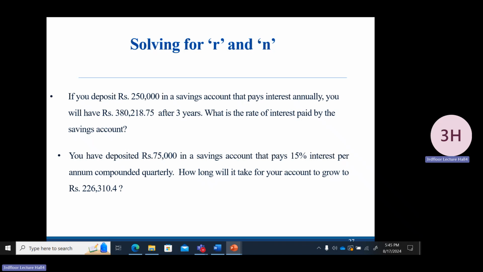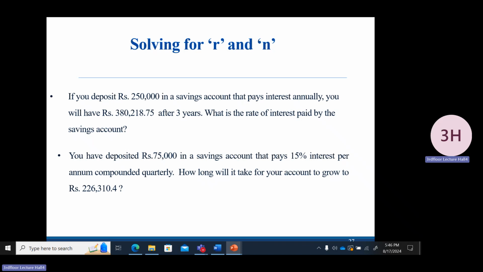If you deposit 250,000 in a savings account that pays interest annually, you will have 380,218.75 in 3 years. What is the rate of interest paid by the savings account? So here, you deposit some money and you are getting some amount in 3 years.